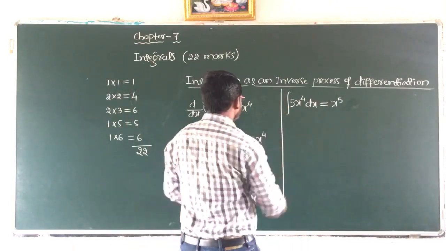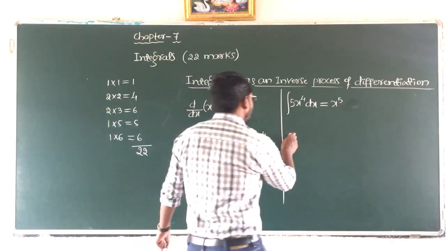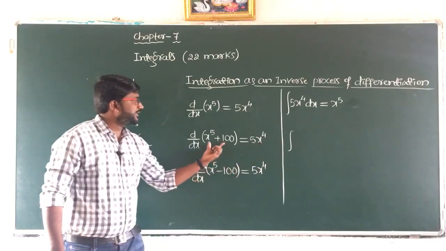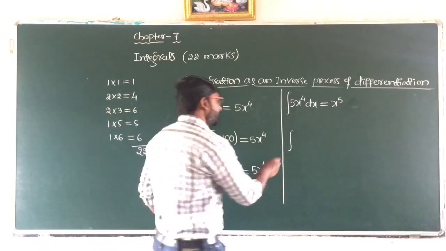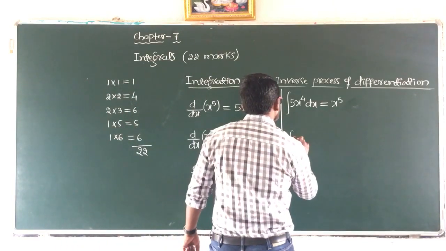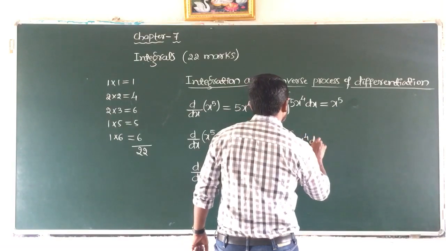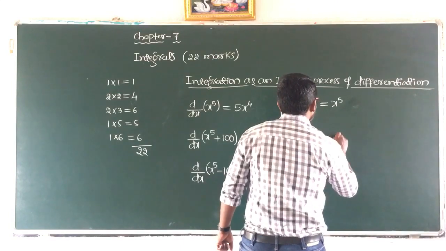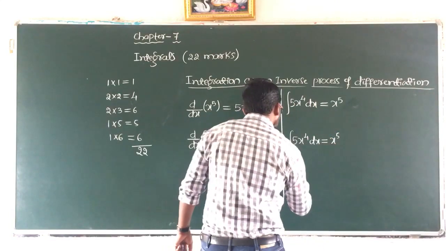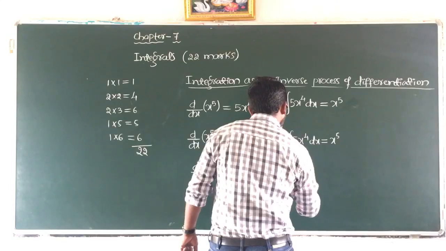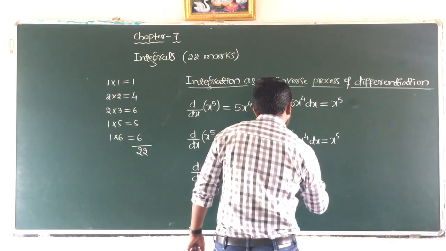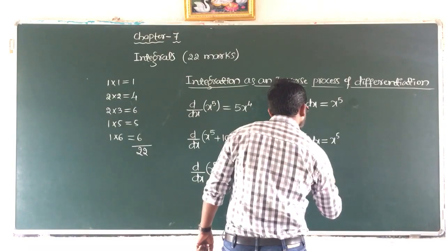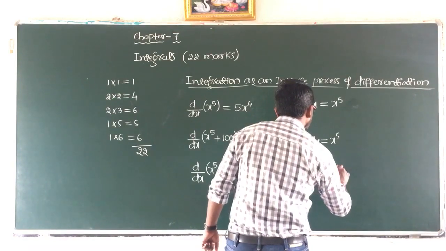Again, if we integrate 5 x to the power 4 dx, we should get this particular function, which is x to the power 5, and again integral 5 x to the power 4 dx is equal to x to the power 5.